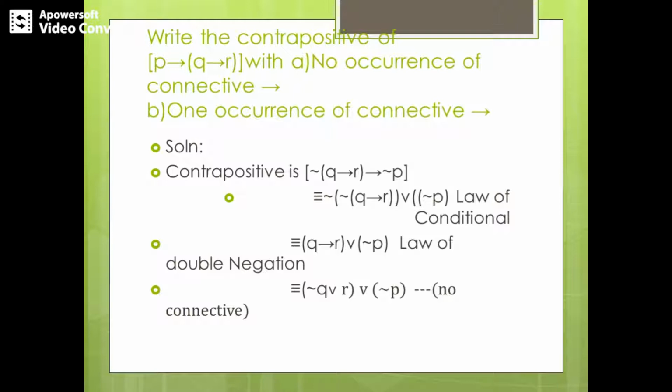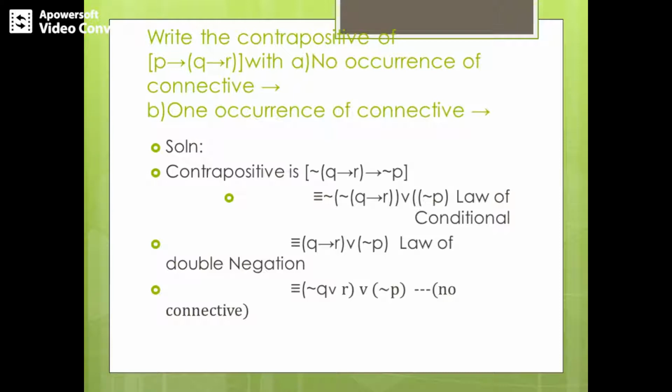So we have solved the first objective. That is, we have solved second object. That is, we are getting the answer in the form of one occurrence of the connective implies. So in the first question, we need to get it in the form such a way that there are no connectives of implies. So how can we solve implication?